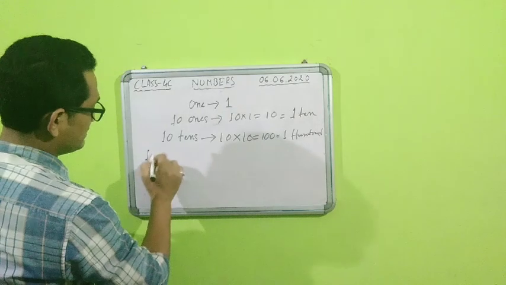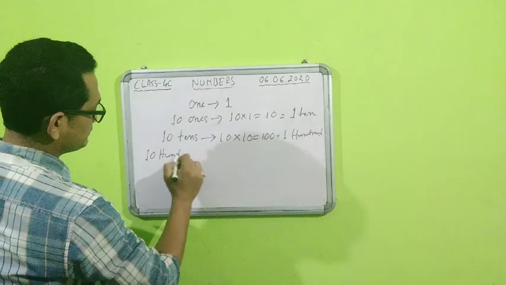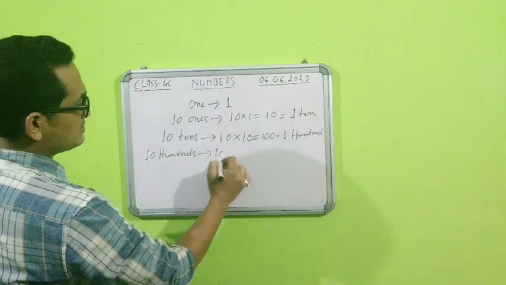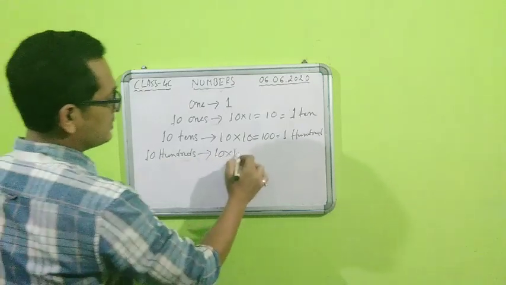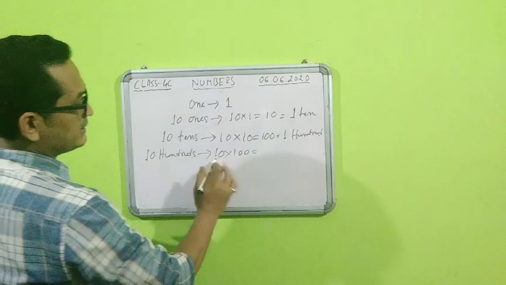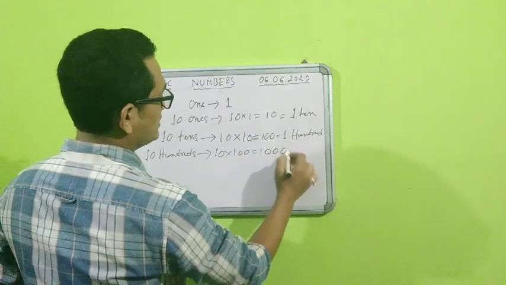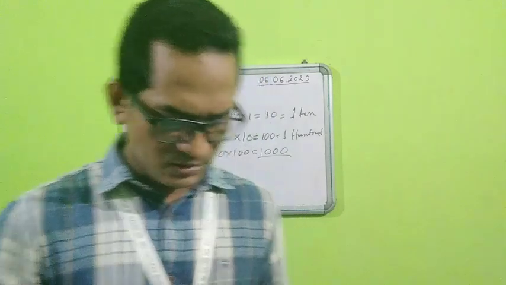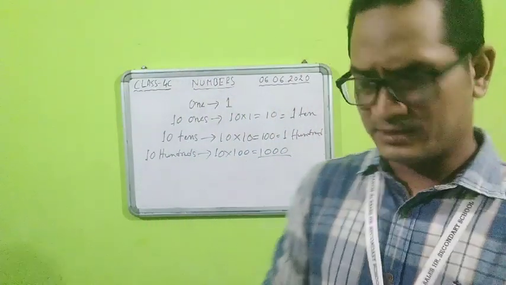If I write 10 hundreds, students, this 10 will be here and the hundreds will multiply with 10. So 10 into 100 will become how much? It will become 1000. That we already came to know last year itself.